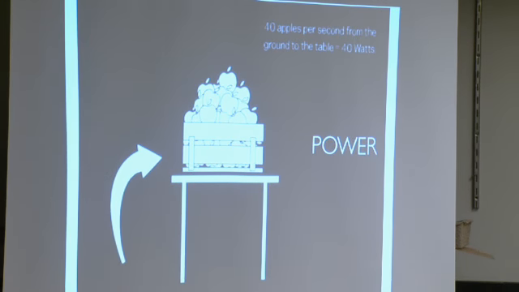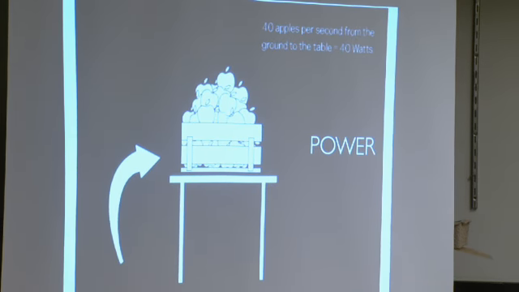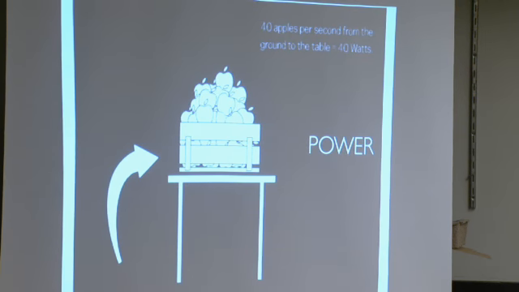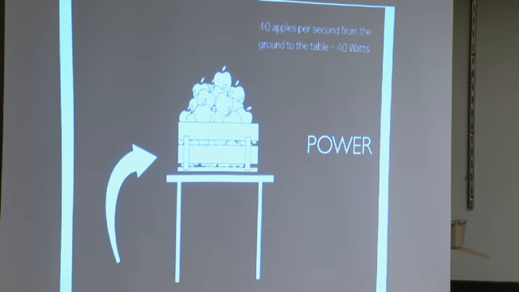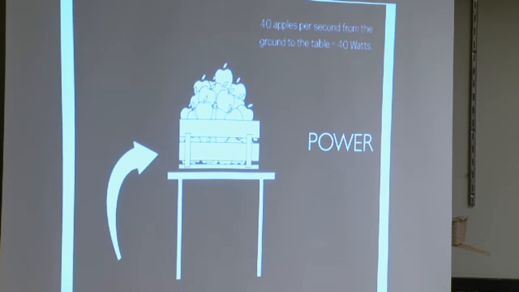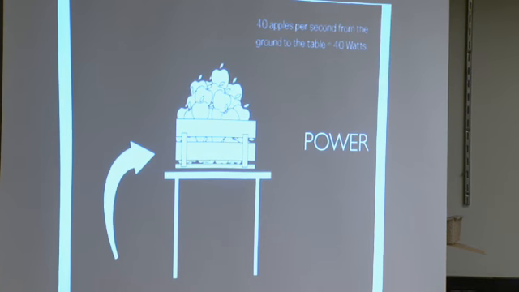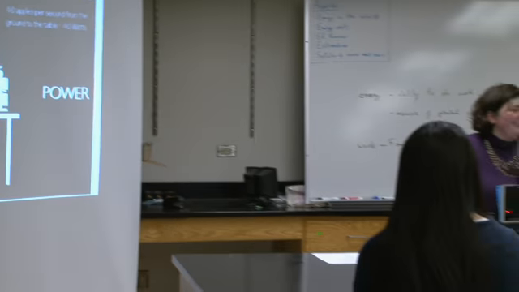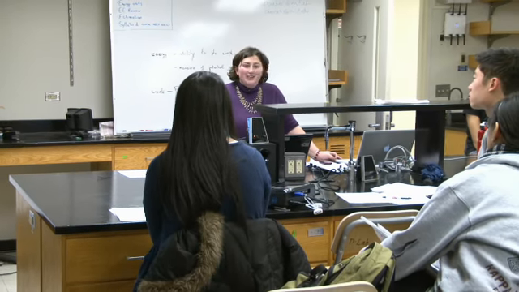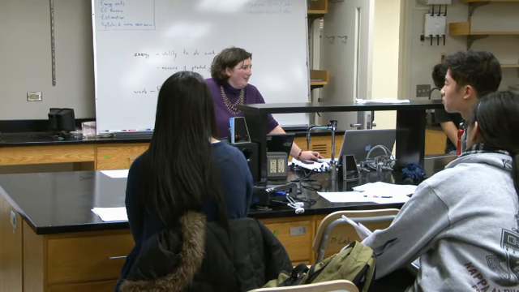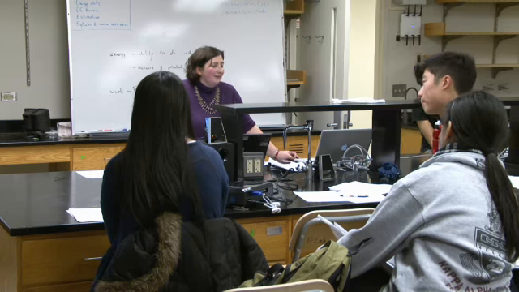So light bulbs are using a good bit of work if you think about how much work it takes to move 40 apples from the ground to the table. You can do it, but you wouldn't want to do it all day, every day for as long as your lights are on. Also per second. Right, per second, so you're doing that every second if you're powering your light bulb, hypothetically.